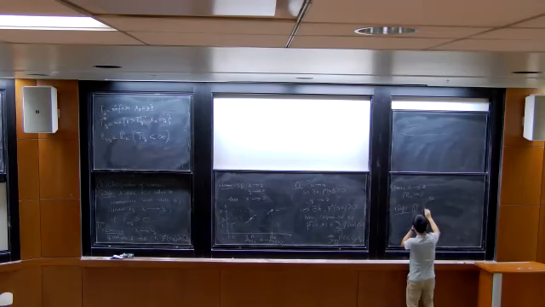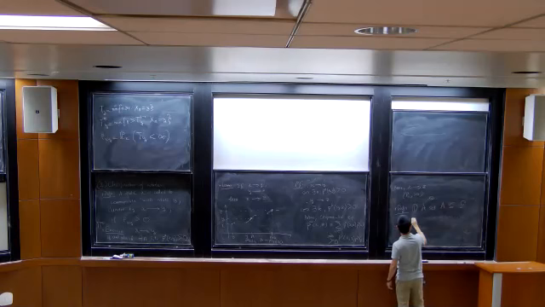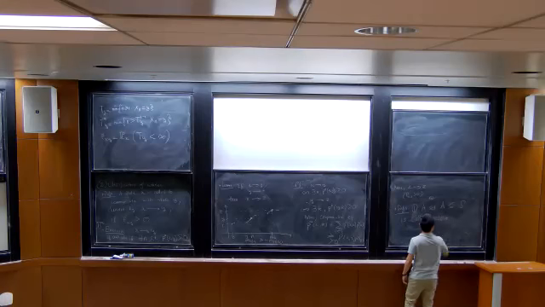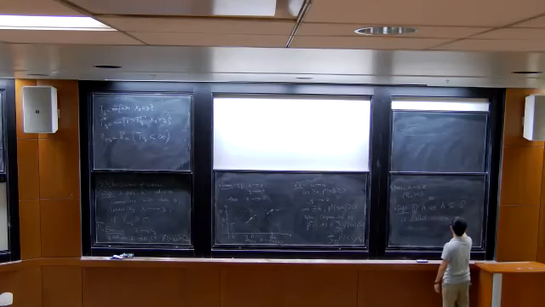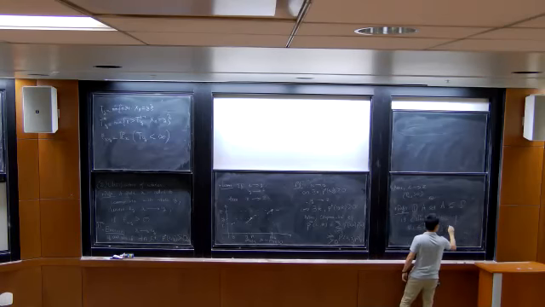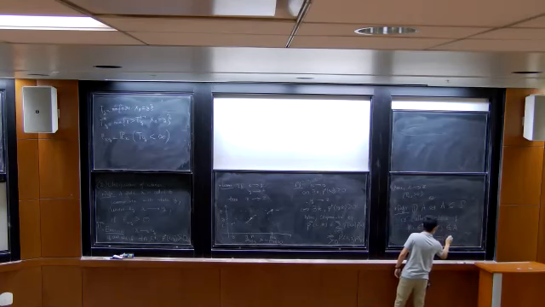Definition: a set A, which is a subset of the state space, is called a closed set if for all states i in A and for all j not in A, P_ij is identically 0.